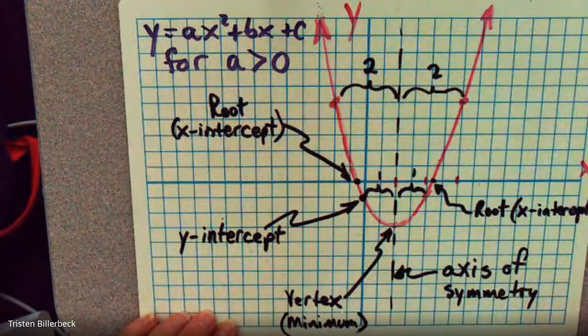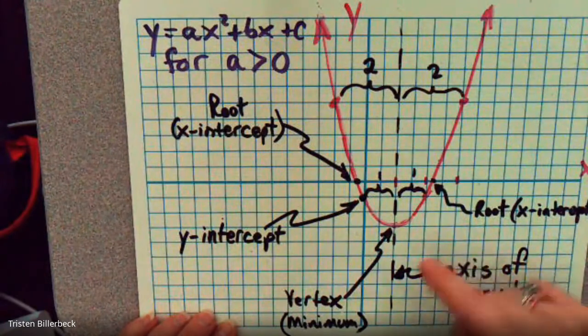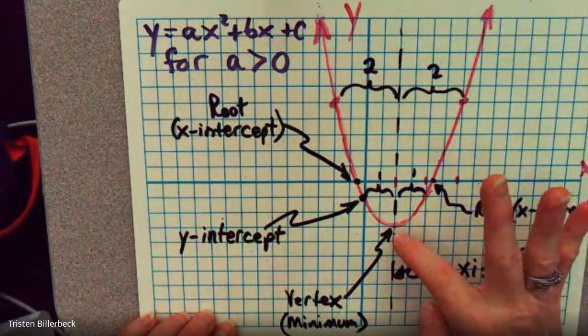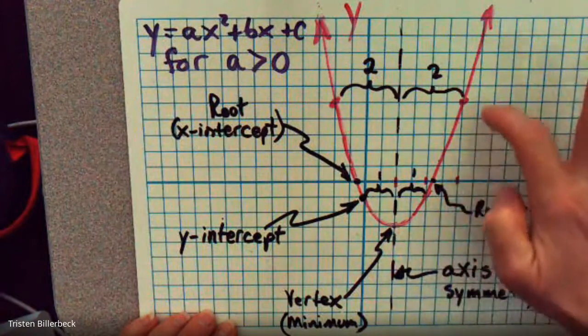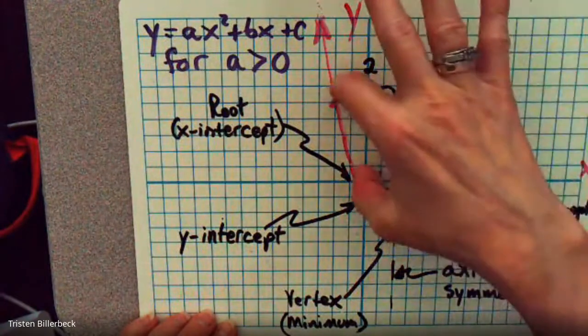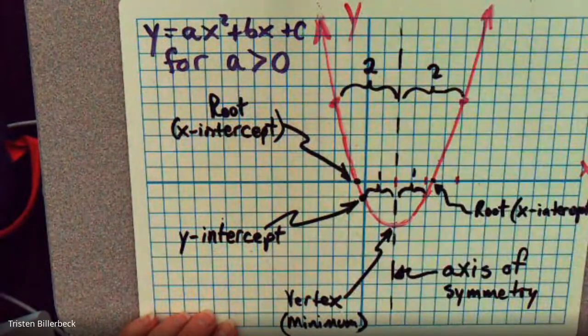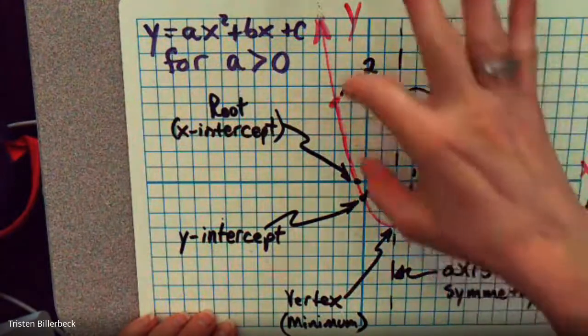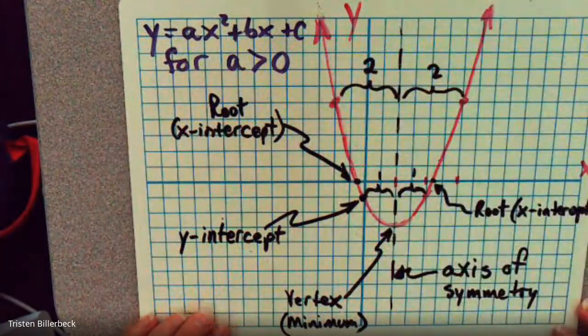If we folded this, the parabola would lay right on top of itself. That's what's kind of cool about parabolas. You only need to get a couple points: the vertex, maybe 2 points over here, and then you can count the same distance away from the axis of symmetry to find the 2 other points.